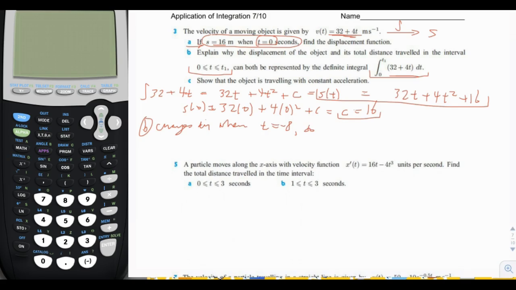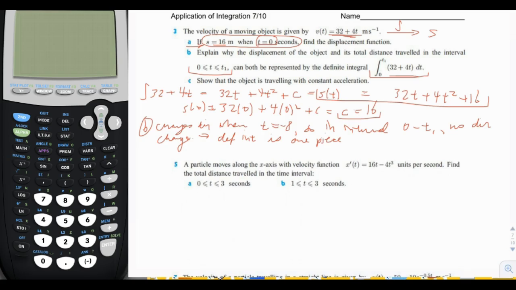So in the interval 0 to t1, no direction change. Which means that the integral, or the definite integral, is in one piece, right? It's not divided into sections.